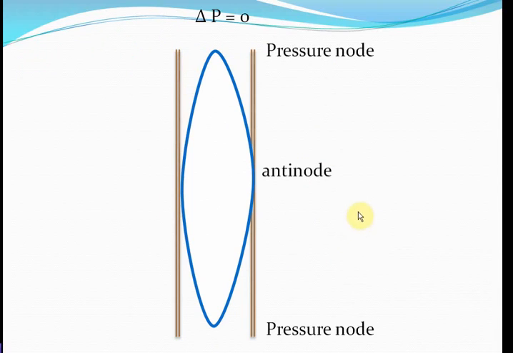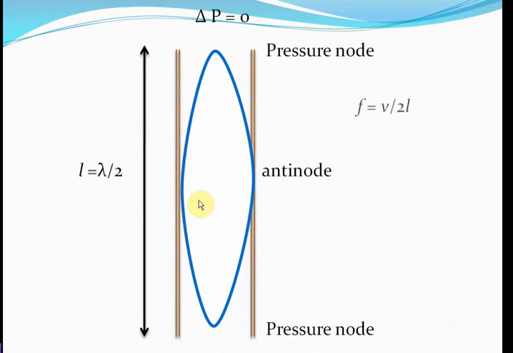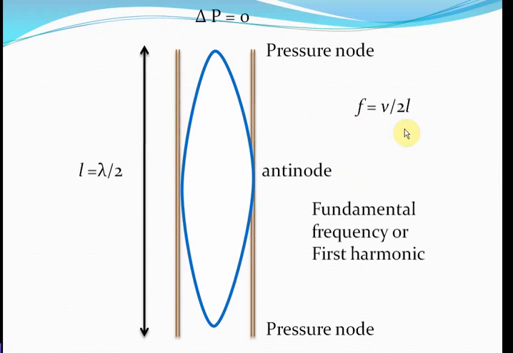As you can see, the length of the pipe L will be equal to lambda by 2, since the distance between two nodes is always lambda by 2. If you substitute lambda by V by F, you get F equal to V by 2L. So the fundamental frequency, or the first harmonic, in the case of an open organ pipe is V by 2L.